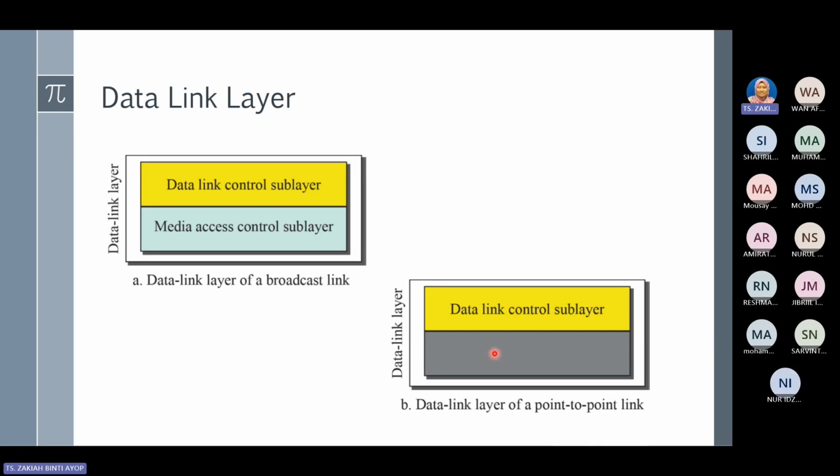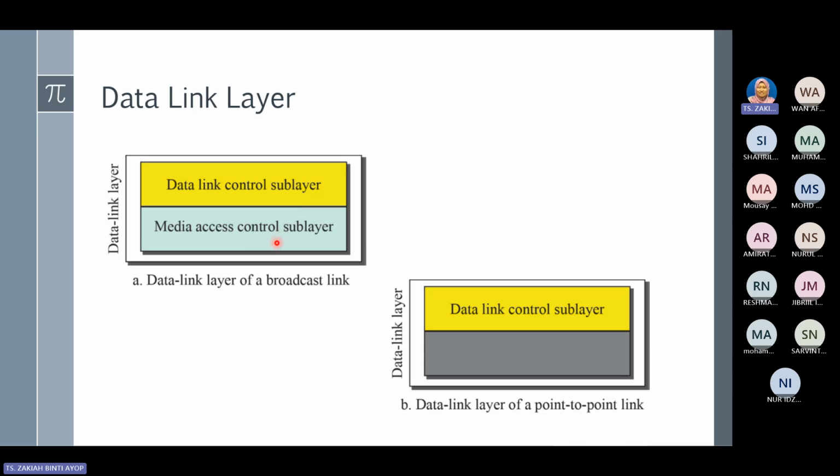Okay, so to better understand the functionality of the services provided by the link layer, we can divide the data link layer into two. One is the data link control sublayer, or DLC, and the other is the MAC, media access control sublayer.